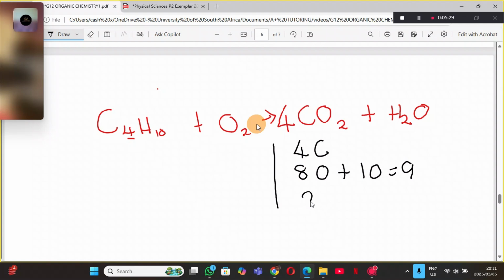On the H's, we have 2 on this side, I have 2 on that side. So this side I now have my 4 C's, but I have 10 H's and I have 2 O's, right? Let me try to balance the H's first. Since on this side I have 10 and on that side I have 2, for me to balance it I need to times this by 5. So I put a 5 there.